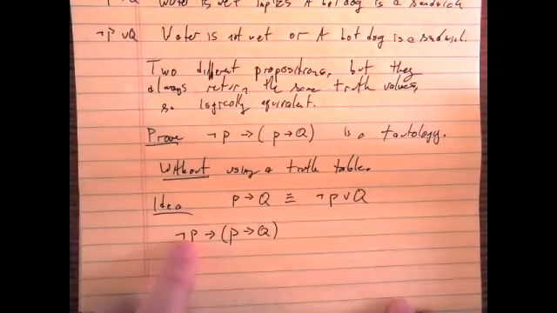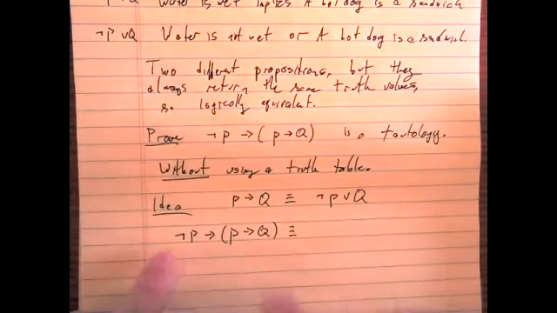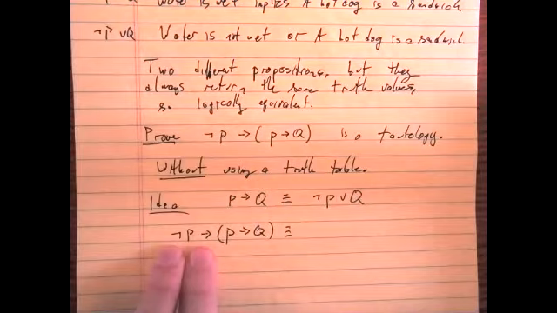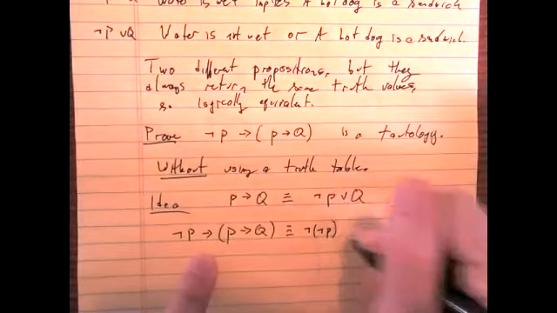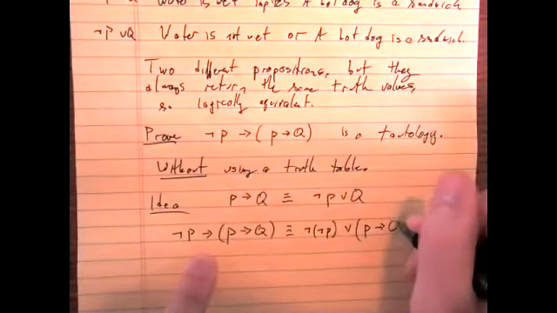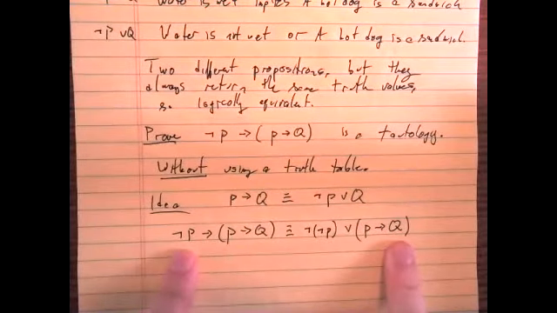So in this case, not P implies Q is logically equivalent to, well, first I'm going to negate the outer implies. So this is logically equivalent to not P or P implies Q. Do we agree with this statement that I did here? That these are logically equivalent.